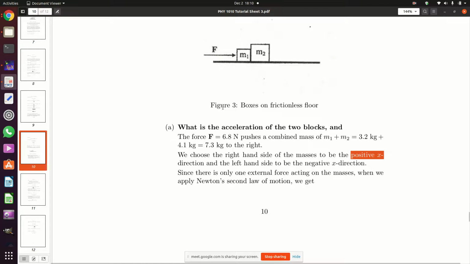The reason why direction is important in this case is because we are dealing with force, which is a vector, and also acceleration, which is a vector.